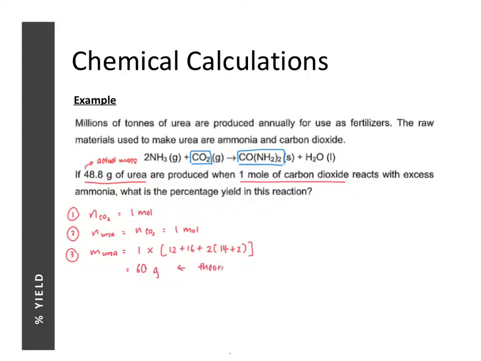It's the mass of urea that we're supposed to get should all your carbon dioxide undergo reaction. So now we have gotten the actual mass, we have gotten the theoretical mass. The last step to be done is to find the percentage yield, which is the actual mass divided by the theoretical mass times 100%.